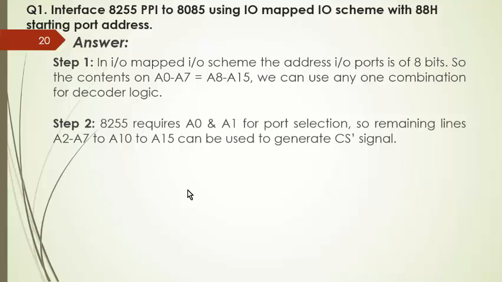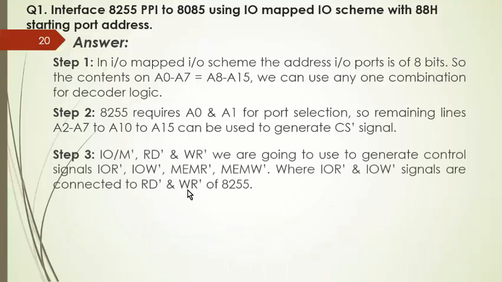Then, as we discussed for 8255, A0 and A1 address lines are used to select the particular port of 8255. So A0 and A1 are used for port selection, and the remaining lines, A2 to A7 or A10 to A15, can be used to generate the active low chip select signal.